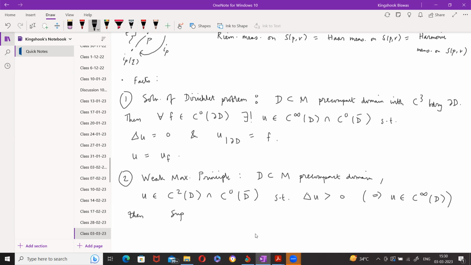So although then I can't say that U will be smooth, I can just assume C2. For a subharmonic function which is continuous up to the closure of D, the sup of U over D is equal to the sup of U over boundary D. This is the maximum principle, the weak maximum principle.